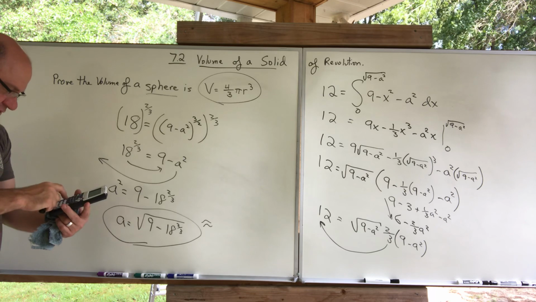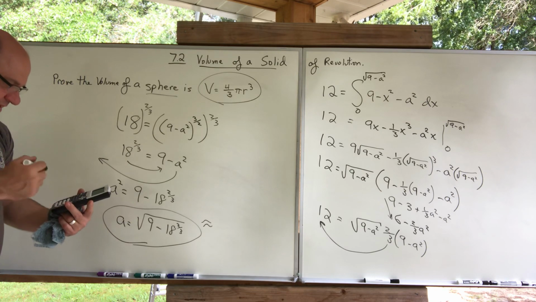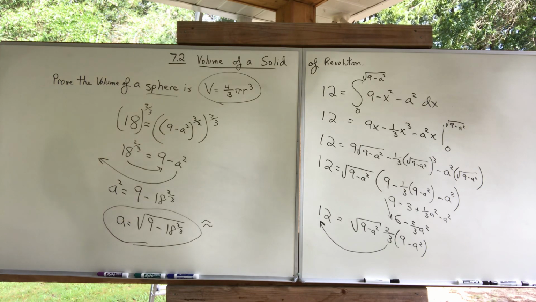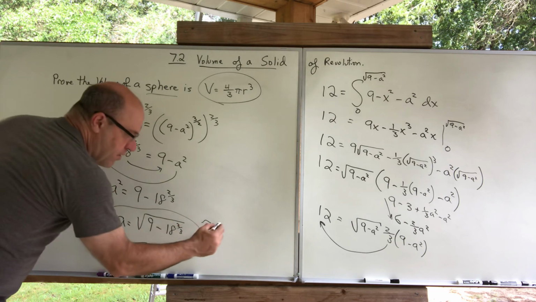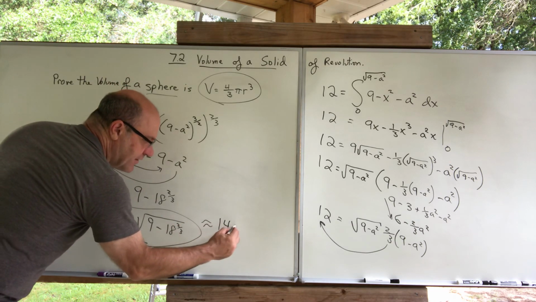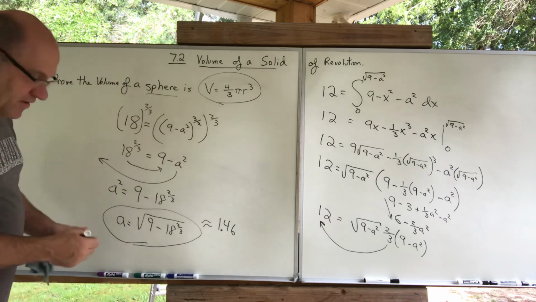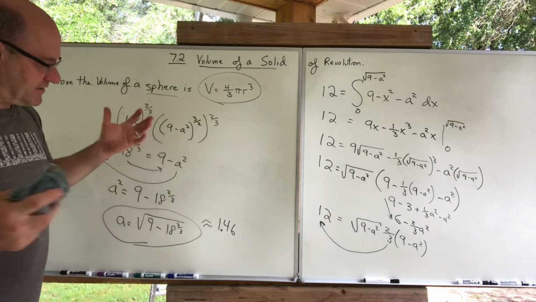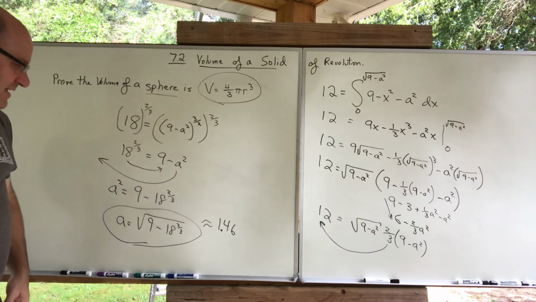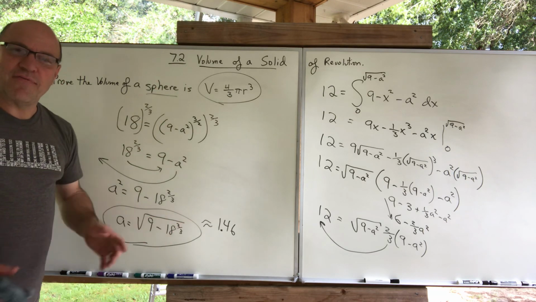So when I take the square root of that, it's about a 1.4600. So I'm rounding it off here. About 1.46 removes 1/3 of the volume from a sphere of radius 3. That's interesting. All right, thanks for listening.